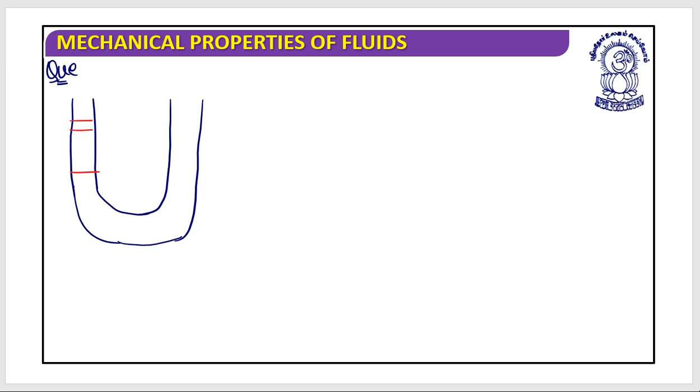One of them has density rho 1, another has density rho 2, something like this, and one more has density rho 3.